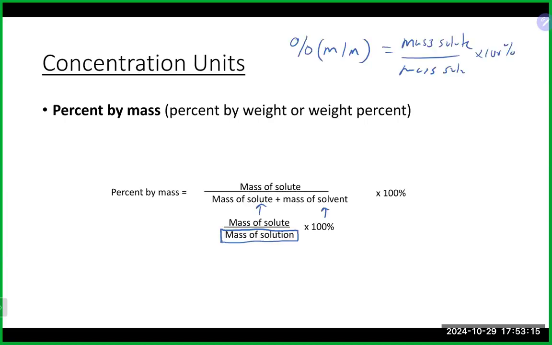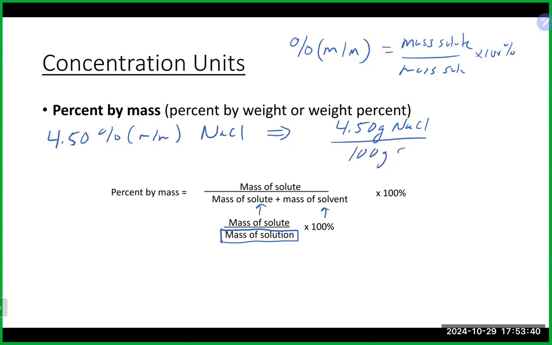There are a couple of other ones that are related to this, but basically, for example, if I had a 4.5% by mass sodium chloride solution, what that would mean, if you wanted to turn that into a usable conversion factor, is that I have 4.5 grams of sodium chloride in 100 grams of solution.